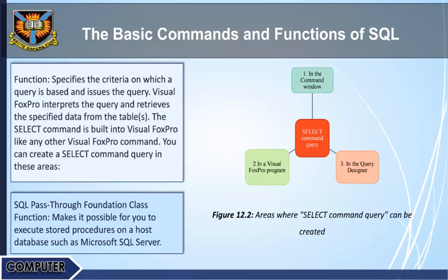SQL parse through foundation class function makes it possible for you to execute stored procedure on a host database such as Microsoft SQL Server. 1. In the command window, select command query. 2. In the Visual FoxPro program. 3. In the query designer. Figure 12.2, areas where select command query can be created.